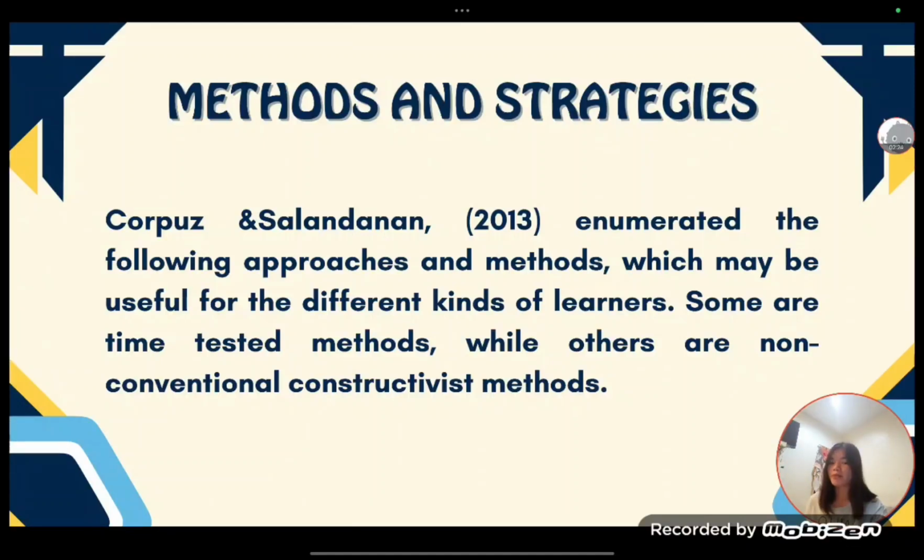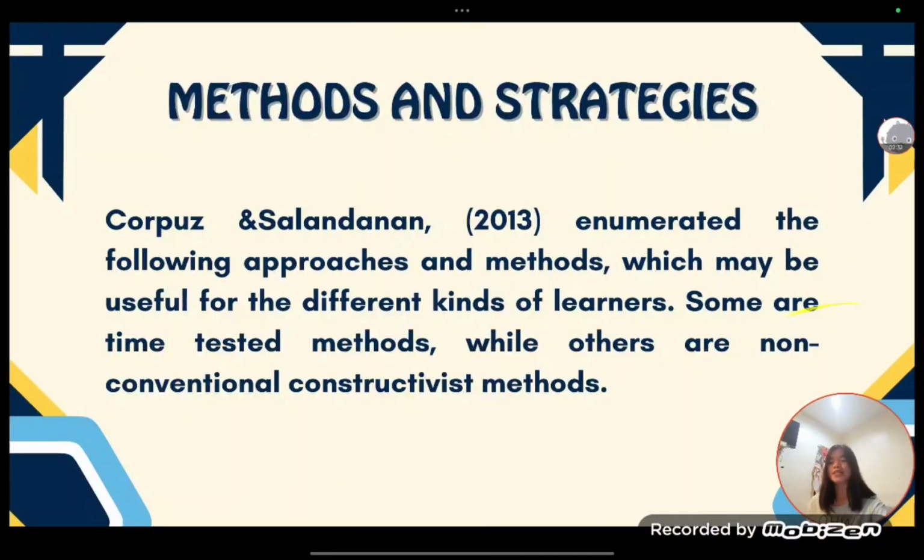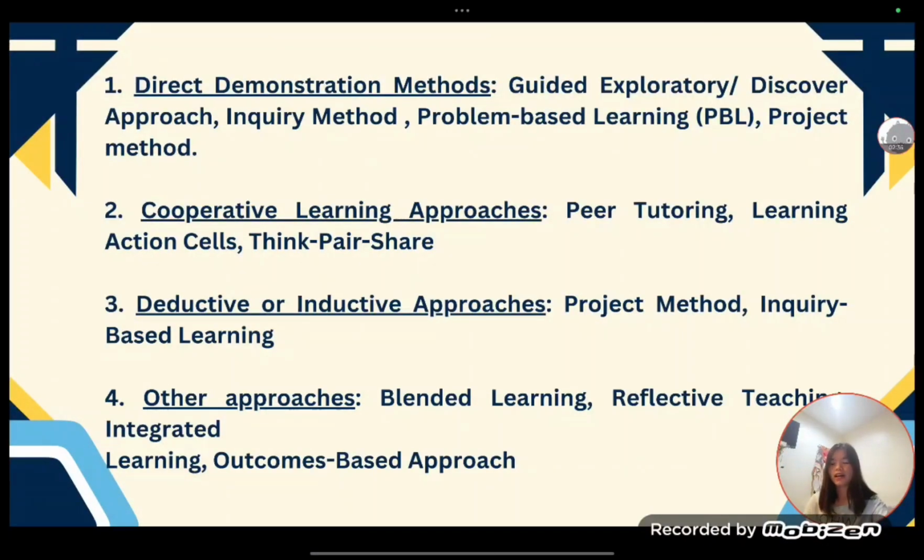Some are time-tested methods, while others are non-conventional constructivist methods. Corpus and Salandanan made four teaching strategies and methods.